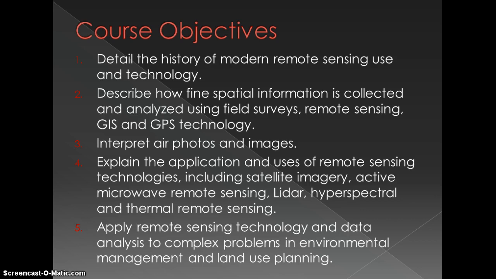Interpret air photos and images. Explain the application and use of remote sensing technologies including satellite imagery, active microwave remote sensing, LiDAR, hyperspectral and thermal remote sensing, and apply remote sensing technology and data analysis to complex problems in environmental management and land use planning.